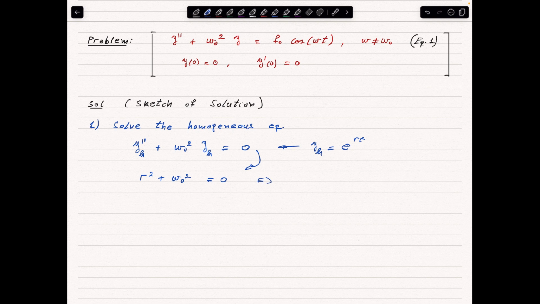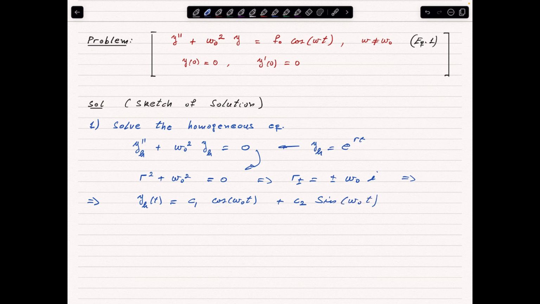From here r plus minus is plus minus the natural frequency times i, and using the Euler formula for pure imaginary exponentials, the solution is going to be a linear combination of cosine of the natural frequency times t plus another combination of sines of the natural frequency times t.